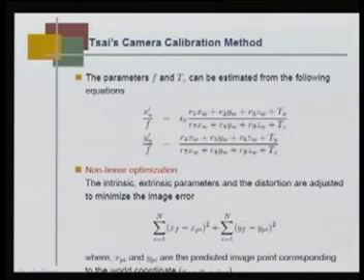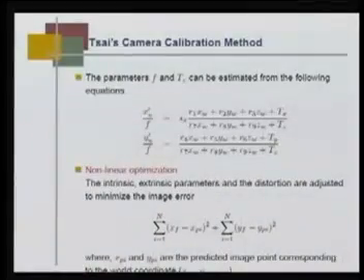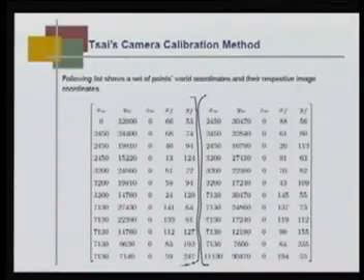Okay. So, finally, nonlinear optimization is used to fine tune whatever estimation has been done, because the estimation has certain approximation, because distortion has been omitted during the estimation. So, for that a nonlinear optimization method is used. So, you say that the object points are xw, yw, zw.